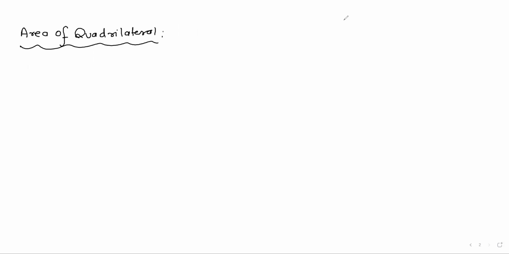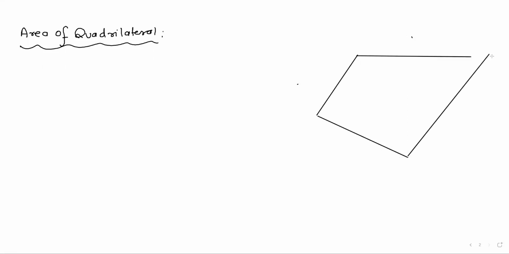Suppose we have this quad. Fahd, you have to check the recorded lectures. So suppose we have this quadrilateral. This is A, B, C, and D.